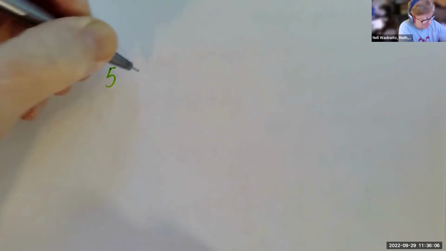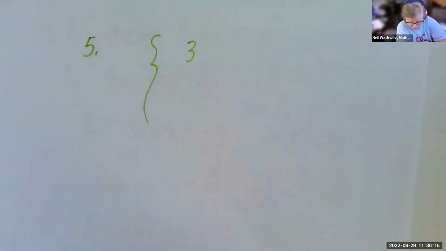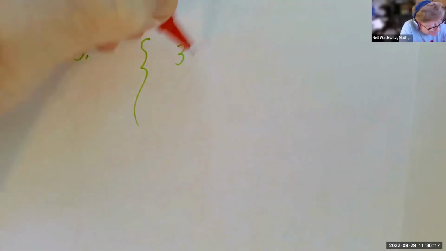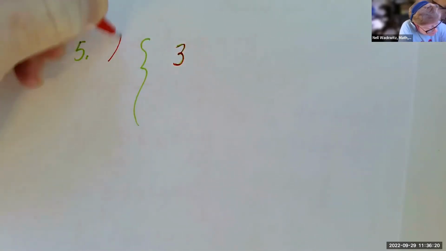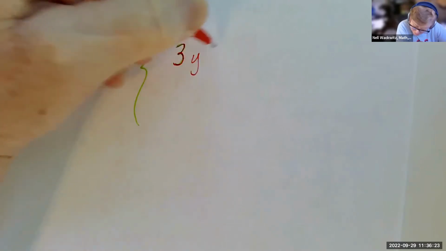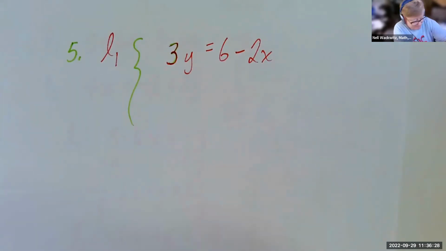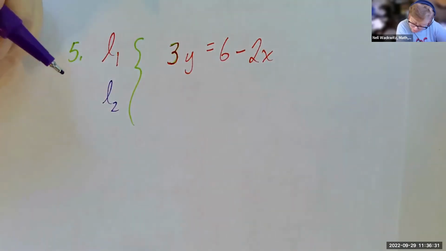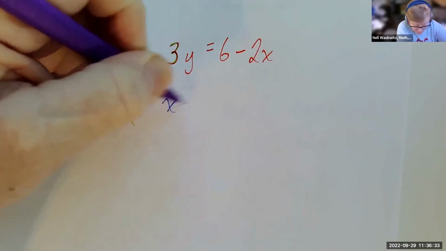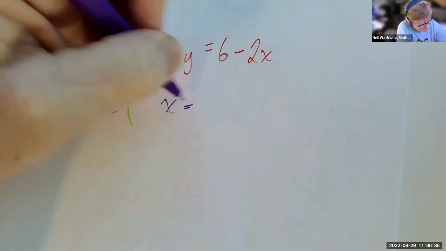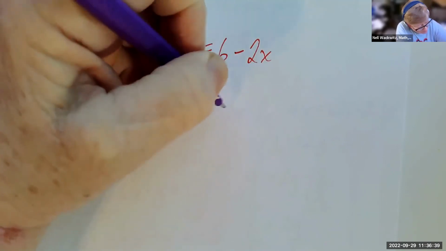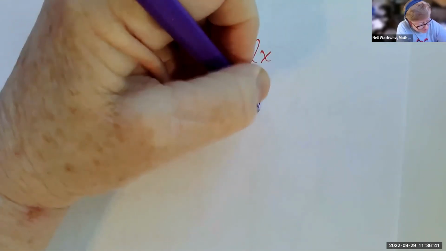Okay, awesome. So let's do 5 since we just did 4. We have 3y + 1 equals 6 minus 2x, and x equals 3y minus 15.